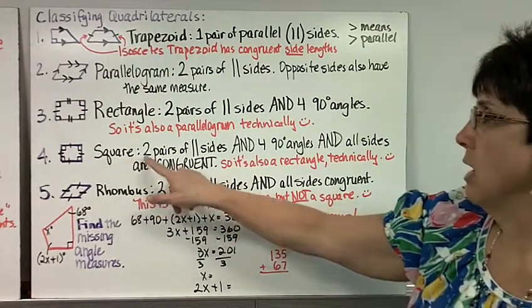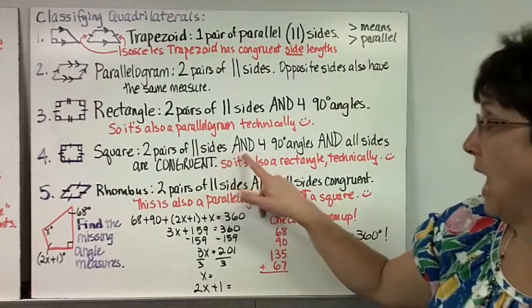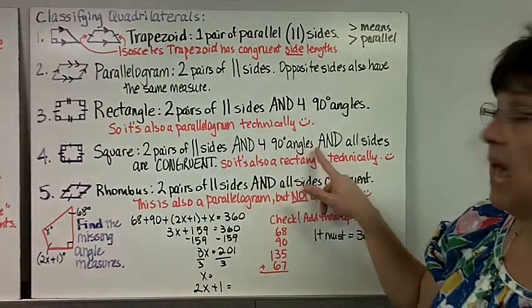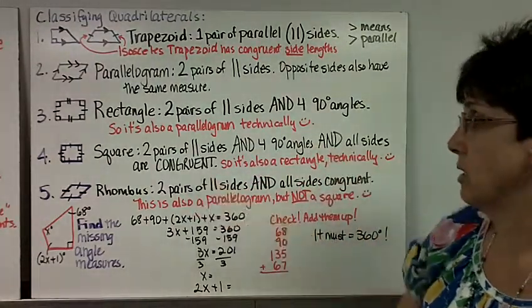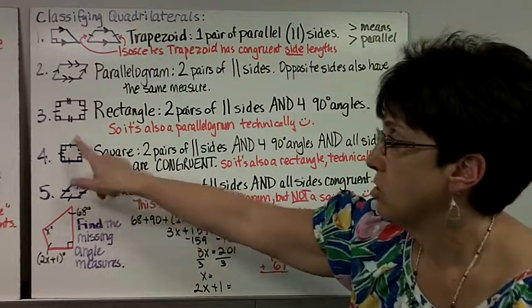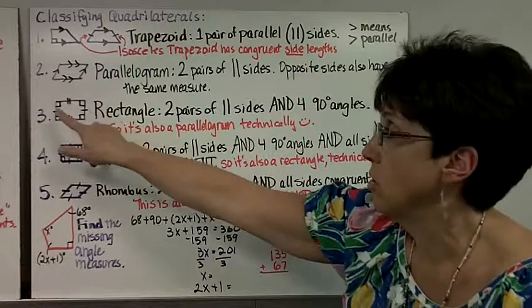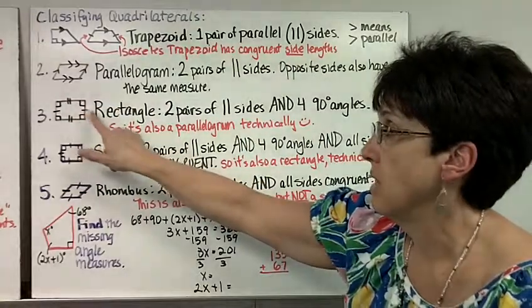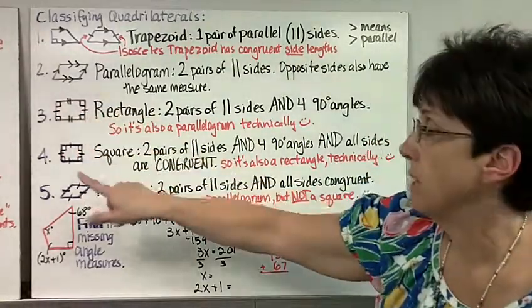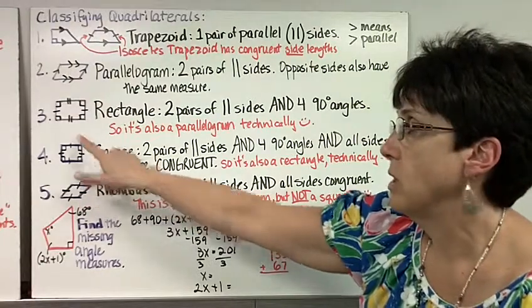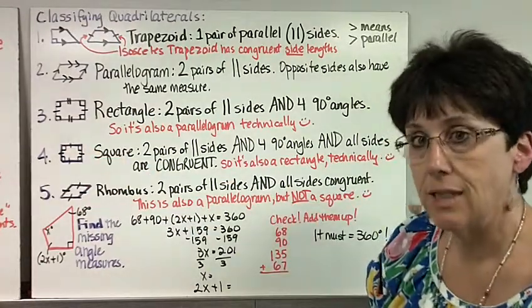All right, a square has 2 pairs of parallel sides and 4 90-degree angles, and all sides are congruent. So here we had 2 tick marks on these 2, but 1 tick mark on those 2, saying these are the same, and the left and right are the same, but they're not all 4 the same. Whereas in a square, there's only 1 tick mark on each side, saying they're all the same.